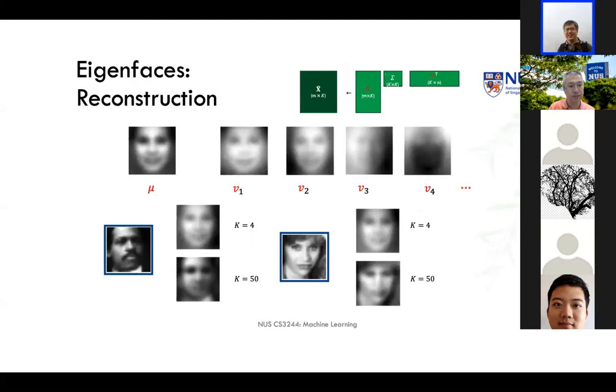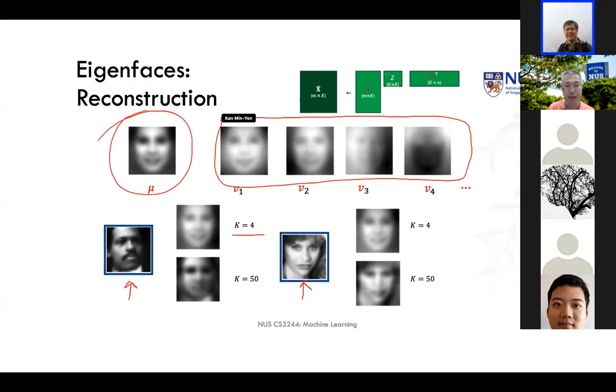So you can see this. You are looking at these two faces, this lady and this man, and we are showing what happens when these two faces are reconstructed using different k. So here, when I only have 4 dimensions, meaning I just have the average face plus the first 4 eigenvectors for the faces, I can reconstruct this face to look as close as possible using this.